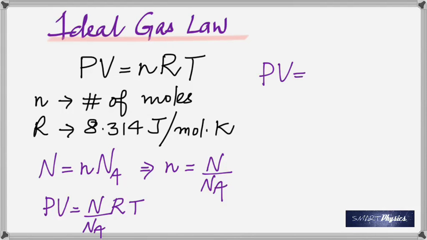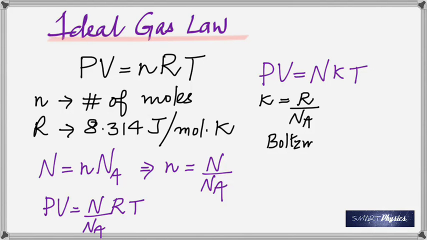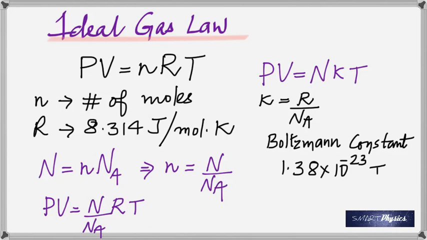Okay, so we can represent it this way. Watch that. Simple substitution. I hope you understood. And the Boltzmann constant is 1.38 times 10 to the negative 23 joule per Kelvin. All I did is, in place of R by Na, I substituted k.